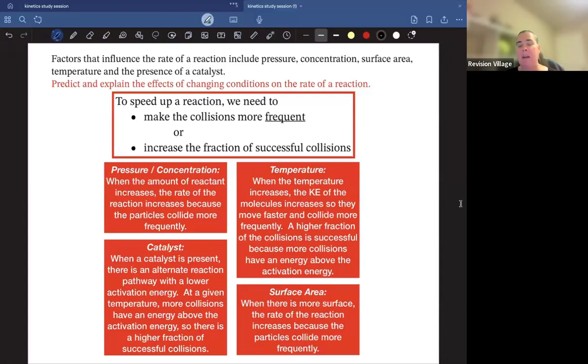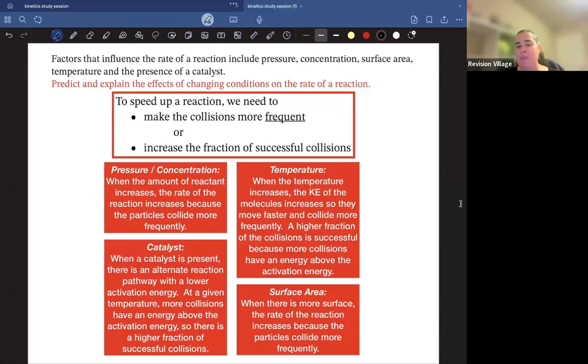When we do that, there are going to be more collisions because there are going to be more things to run into. If you put more people into the room next to you, it would be easier for you to collide with them because they'd be right there. You wouldn't have to be moving any faster. We could take a solid and we could grind it up. We're not going to change its concentration, but we are going to give you more surface with which to react.